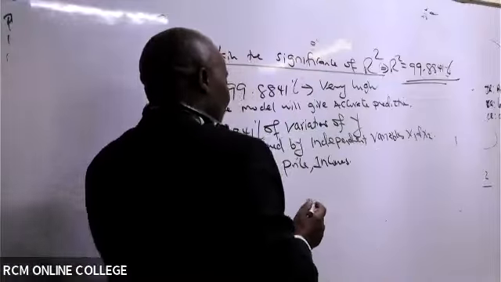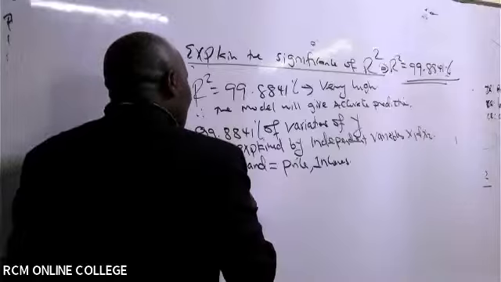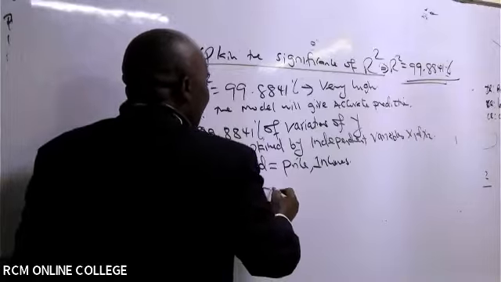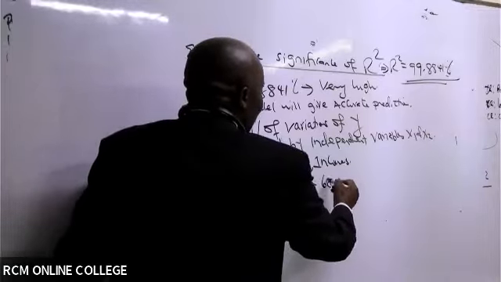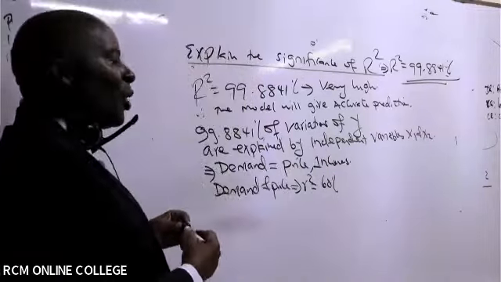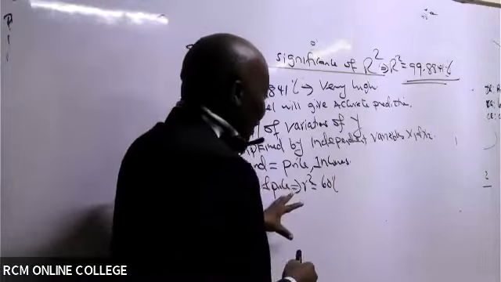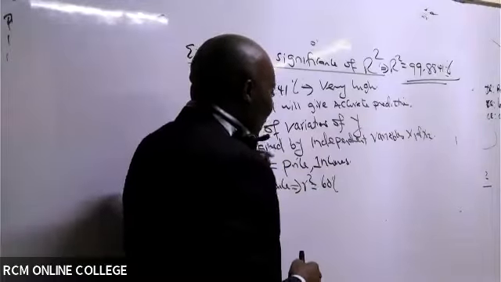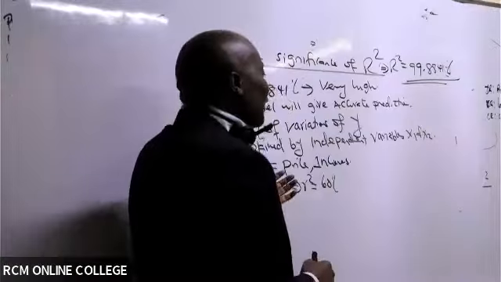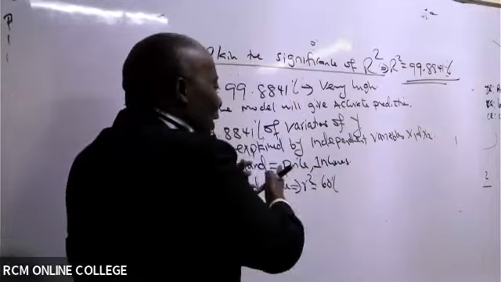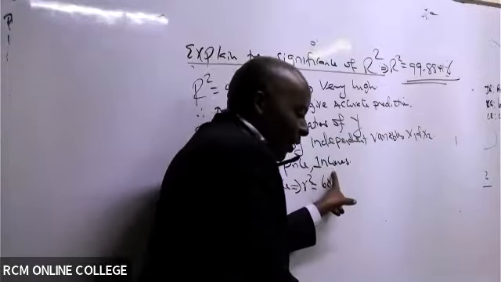Now listen, when you are doing your research, you can easily do research between demand and the price, and you get R squared of say 60%. What does this mean, my good students? It means that price is only able to account for variations in demand up to 60%. So there are other factors that are not within the model, like income.